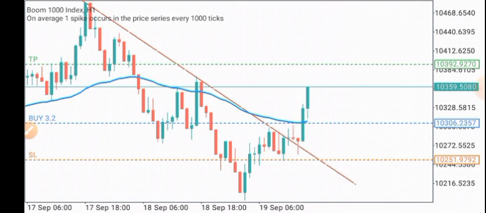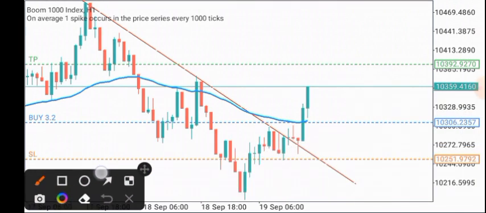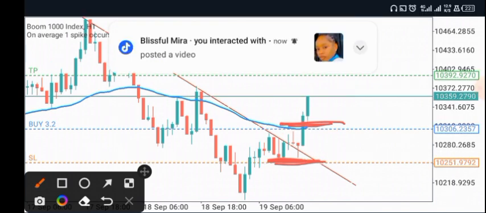Okay, so what you should do is this. As I enter the trade here, my stop loss is going to be here. Knowing that I'm about to enter here and that my stop loss should be here, how do I now determine the right lot size I should use?